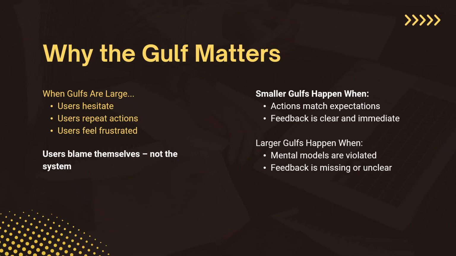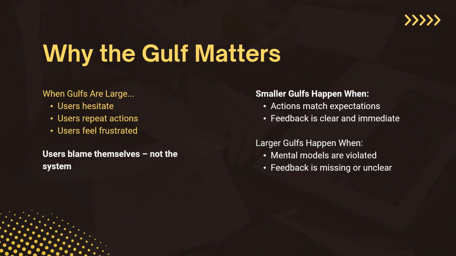Now, from a design perspective, every interface interaction has two responsibilities. First, make it clear what actions are possible. And then second, make it clear what happened after the action. If either one of these is missing, the user falls into one of these gulfs. So I want to connect this back to mental models, what we talked about earlier.